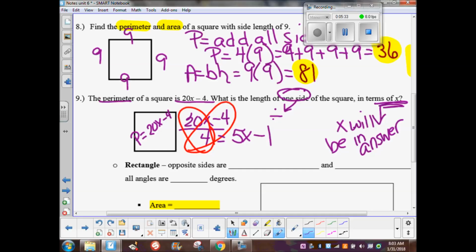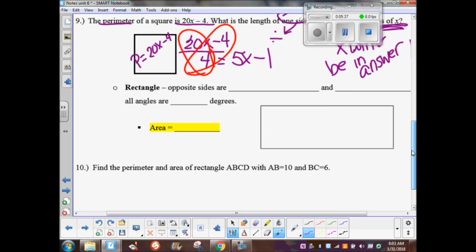All right, rectangle. So we know in a rectangle that the opposite sides are congruent. You guys have a picture of the rectangle? Yes. Okay. So the top and the bottom are equal to each other. Now, the left and the right, notice I'm putting different marks on them, because those two are equal to each other.